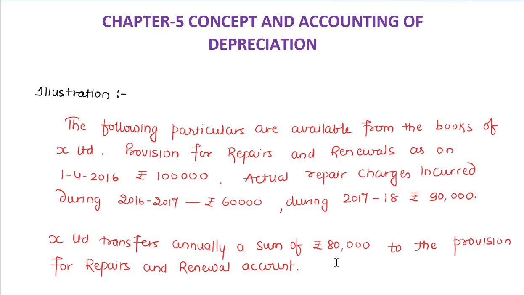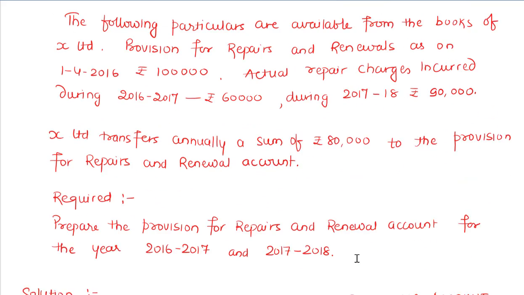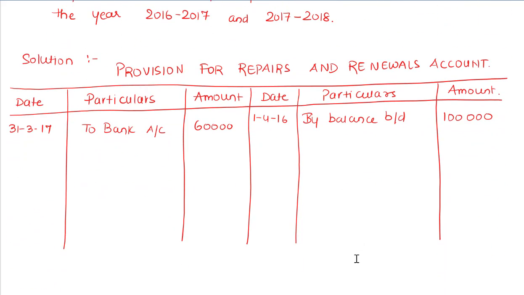X Limited transfers annually a sum of 80,000 to the provision. So from profit and loss account, a sum of 80,000 is transferred. 31st March 2017, by profit and loss account 80,000.